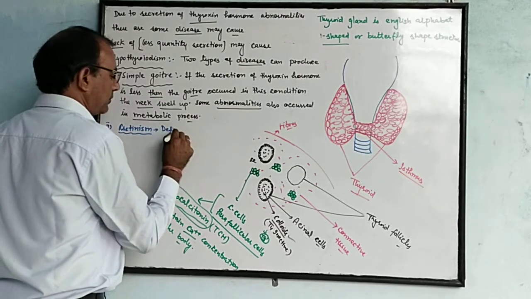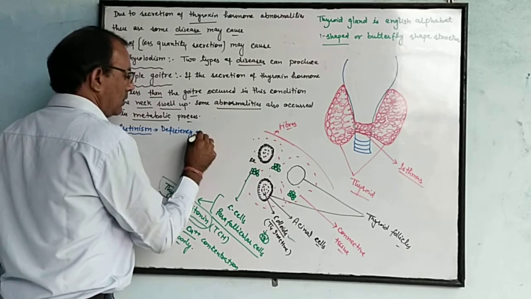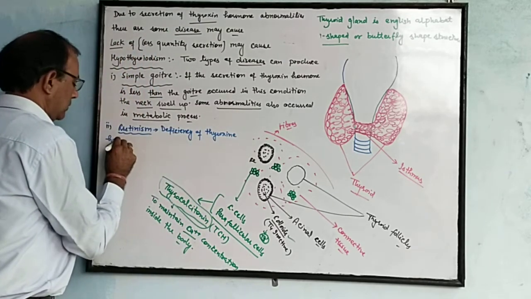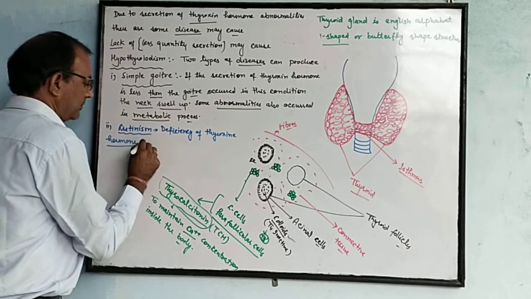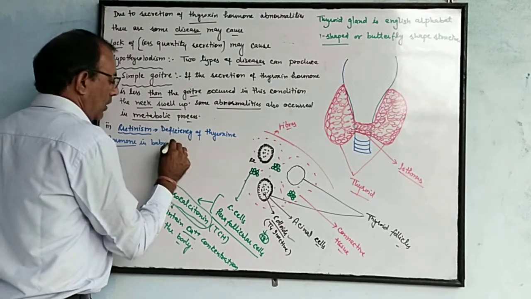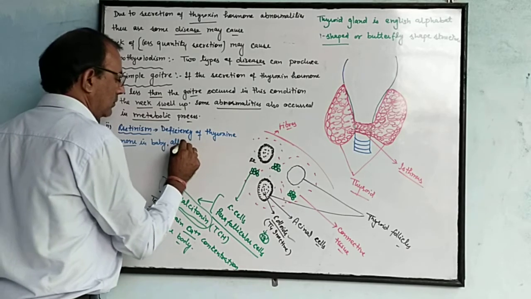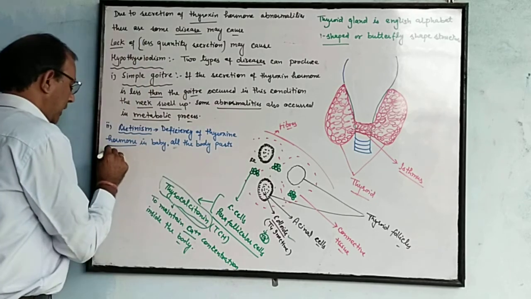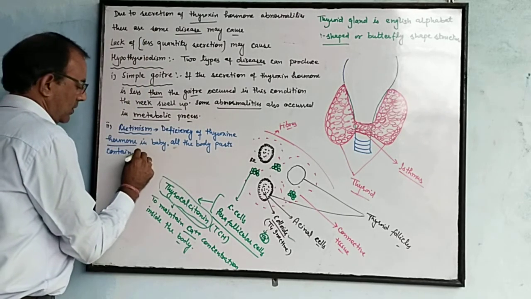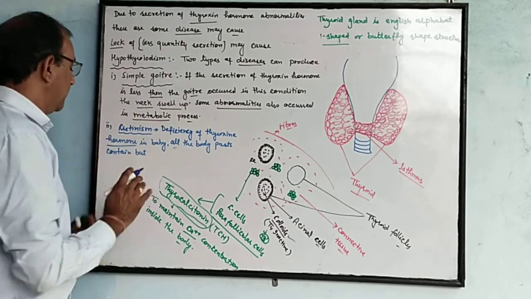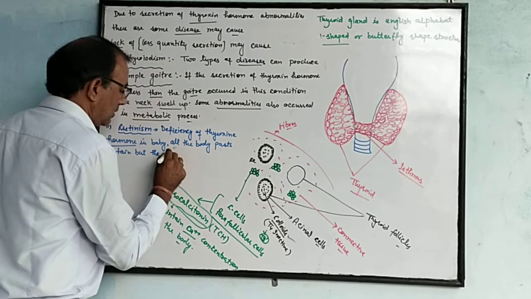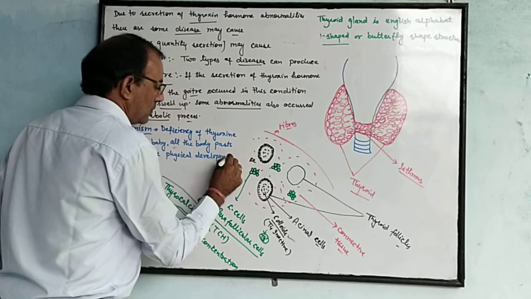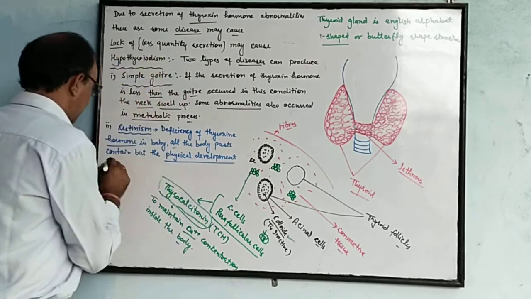Deficiency of thyroxine hormone in a baby: the baby contains all the body parts, but physical development can't take place.